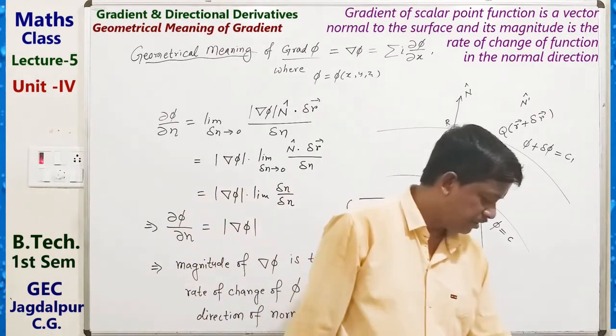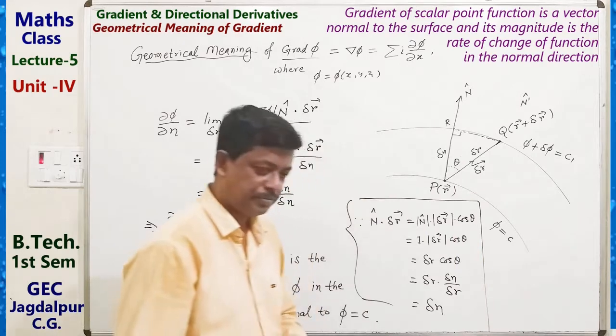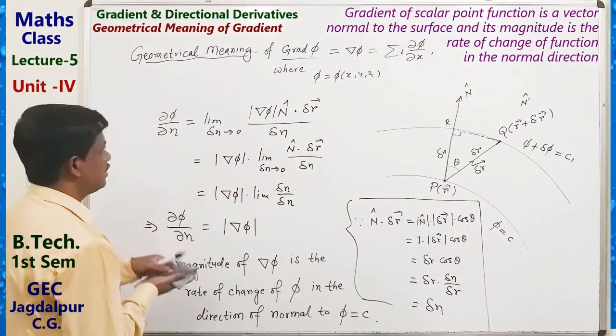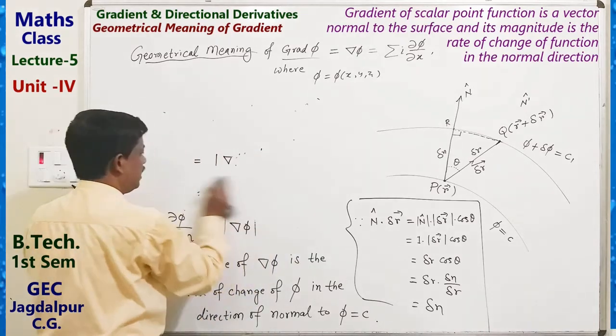Okay, so finally we get what? This is a vector. So finally, geometrical meaning. What we can write?